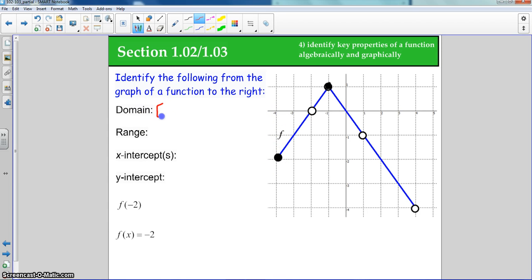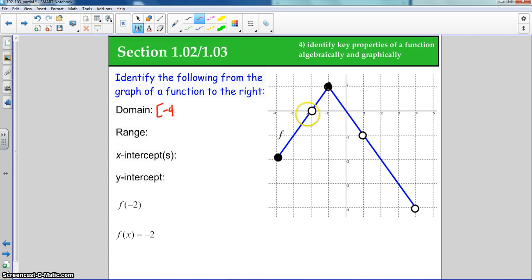So I can do bracket -4, and I include -4 because I have a closed dot, and the way we communicate that in interval notation, which is what we're going to be using to communicate the domain, is with a bracket. And so I'm starting at -4, continuing.